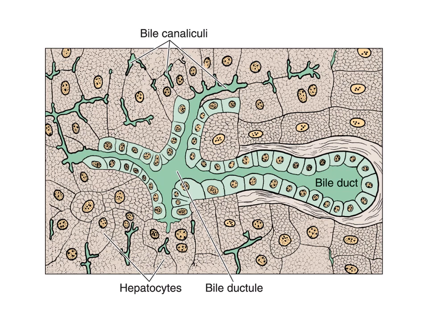So, the canals of Hering. Bile from the canaliculi pours into the short and narrow channels which are known as the canals of Hering. These channels convey bile into the bile ductules and are lined mainly by cuboidal cholangiocytes.